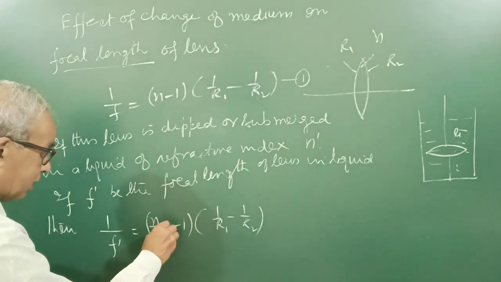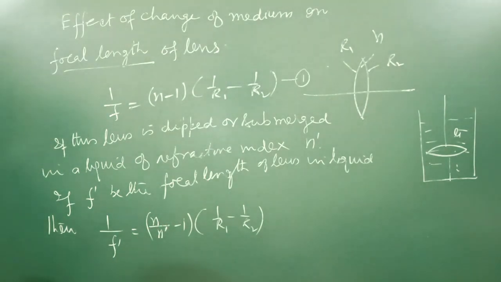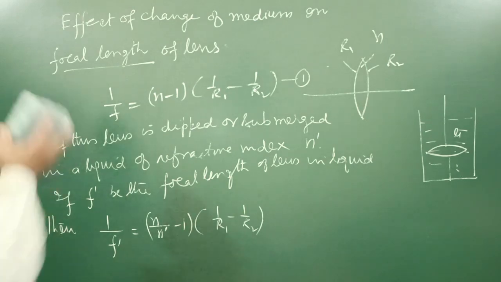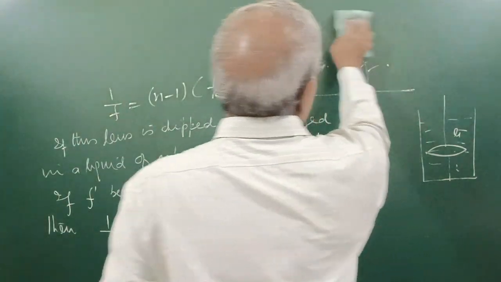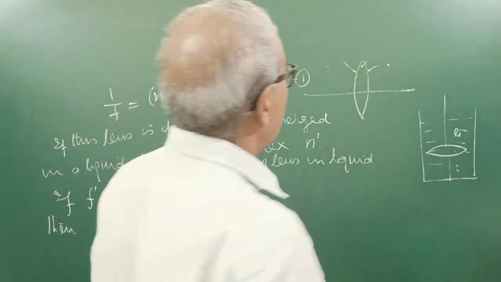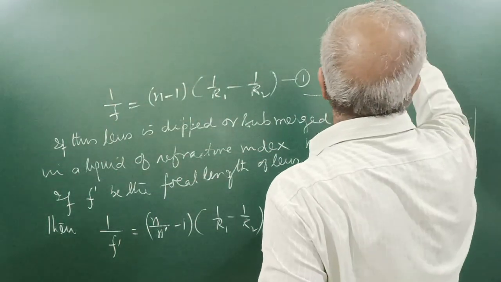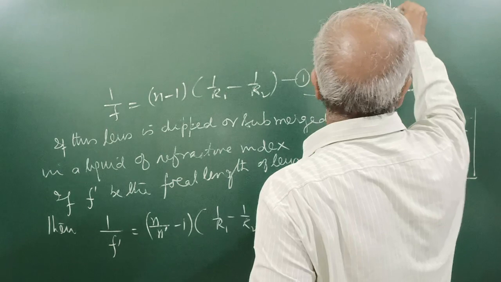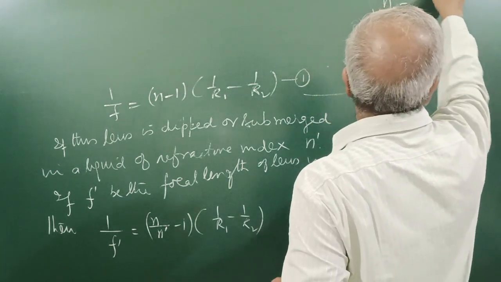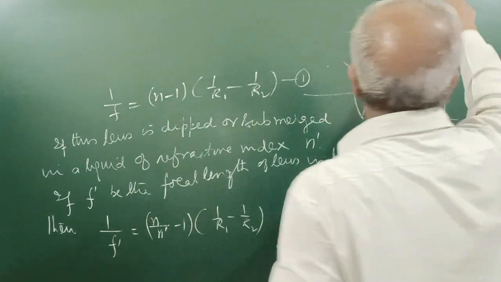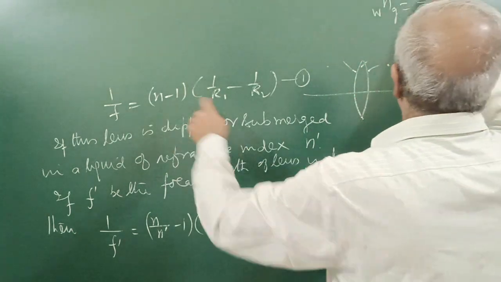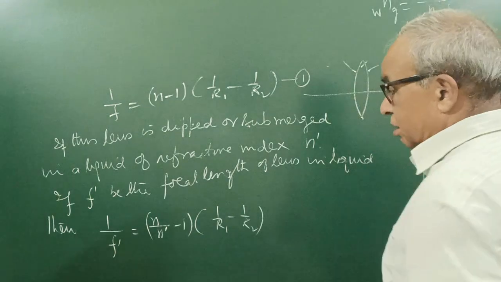It is n'. I have told you many times the indices of materials are given with respect to air. If you want to find the index of glass with respect to water, it is the index of air to glass upon air to water. So here n is air to glass and n' is this.